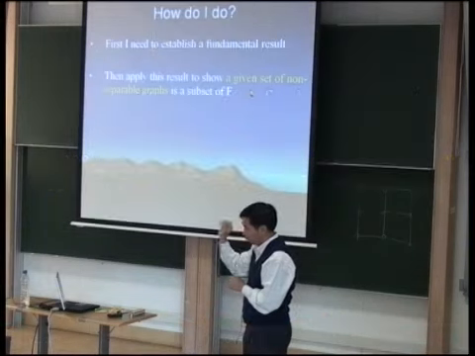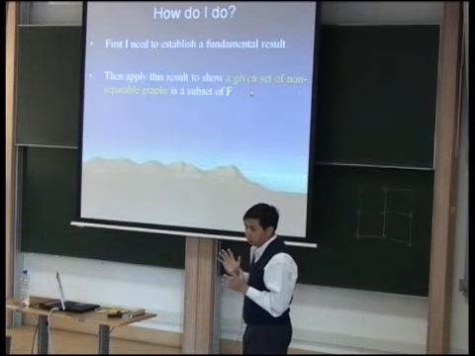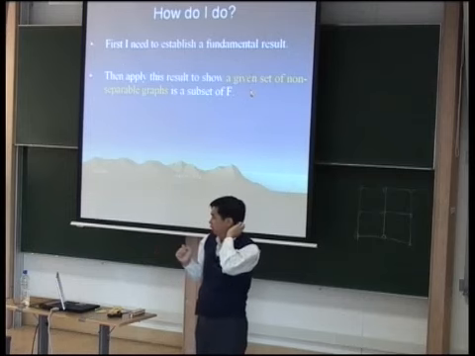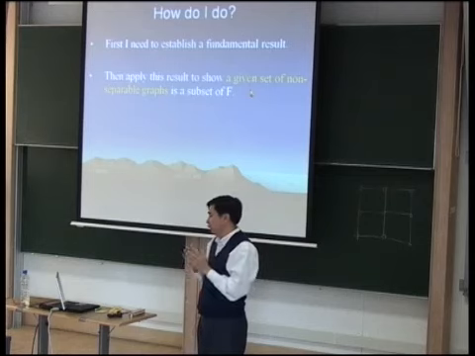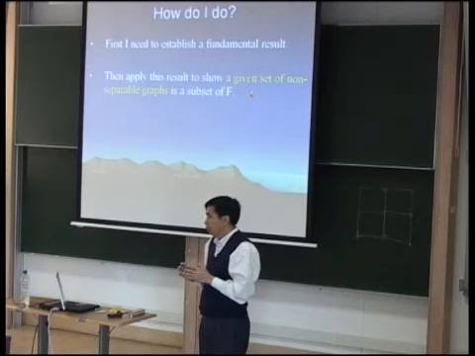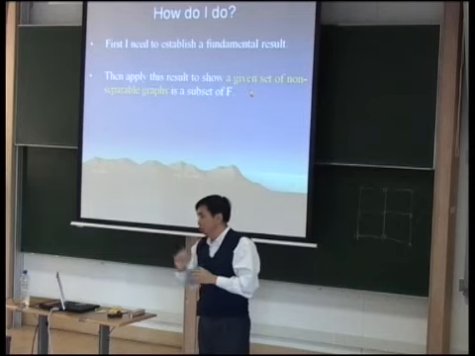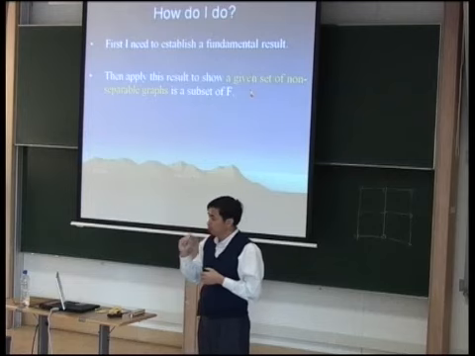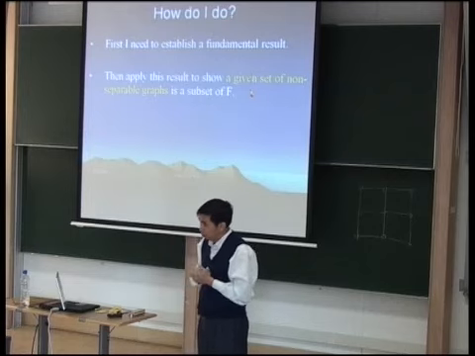I take a family. For example, for Thomassen's conjecture, people can take the family of Hamiltonian graphs and include one more, K2. So to study this problem, we need to take K2 and the set of all Hamiltonian graphs.